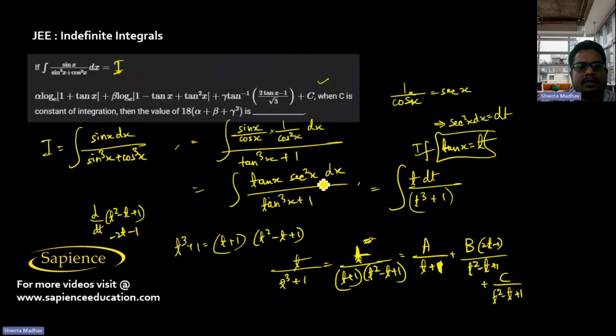So if we compare, then we get alpha is equal to minus 1 by 3 and beta is equal to 1 by 6 and gamma is equal to 1 by root 3.